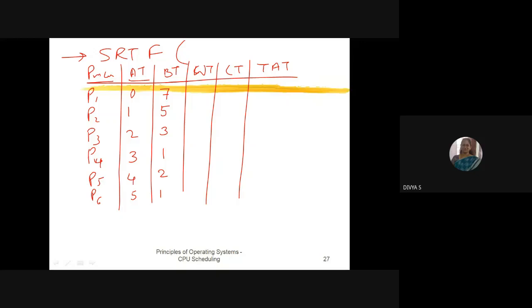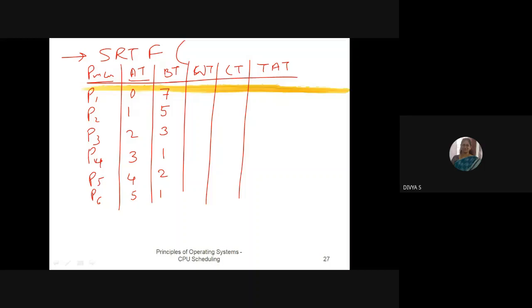The preempted process gets back to the ready queue as its remaining time is still there, right? Whenever the CPU switches back to that process, it will start again from the point where it was preempted. Please remember this algorithm is a subpart of the SJF algorithm, that is shortest job first.